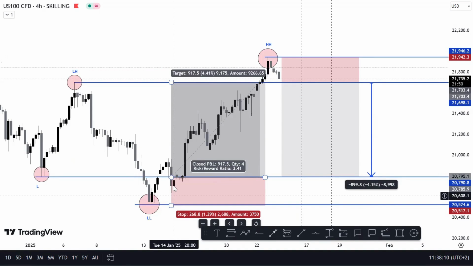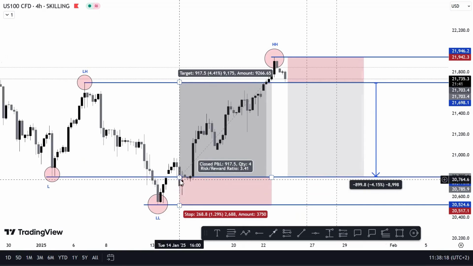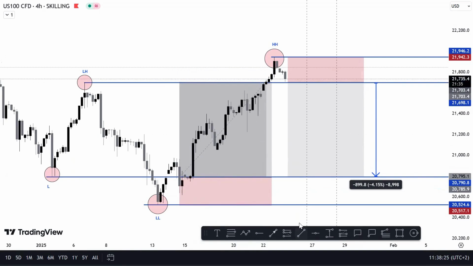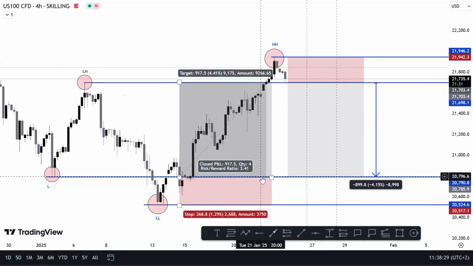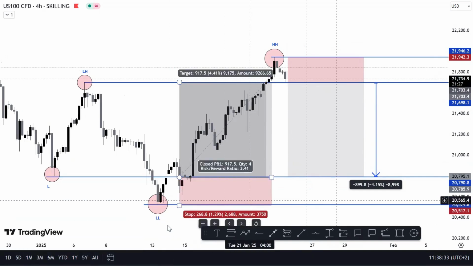I mean points, which is 1,900 points. So that is around about 3k. It went down by minus 3k before going up. On a micro account, it went down 300. It went up, you know, 4 times that.